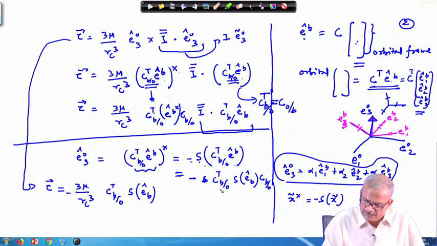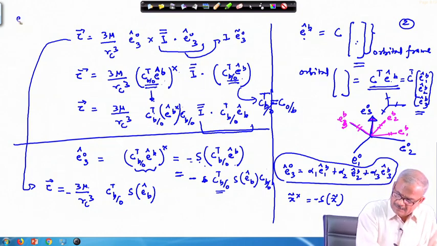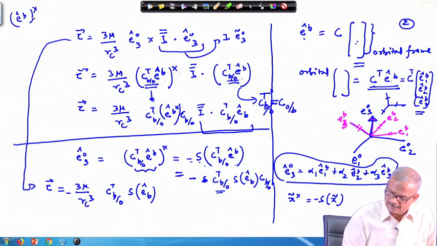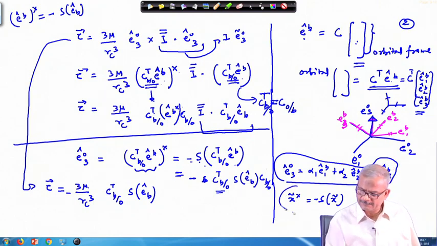Immediately we can see that E cap B cross this quantity will be equal to minus S E cap B, which is the definition we are using.